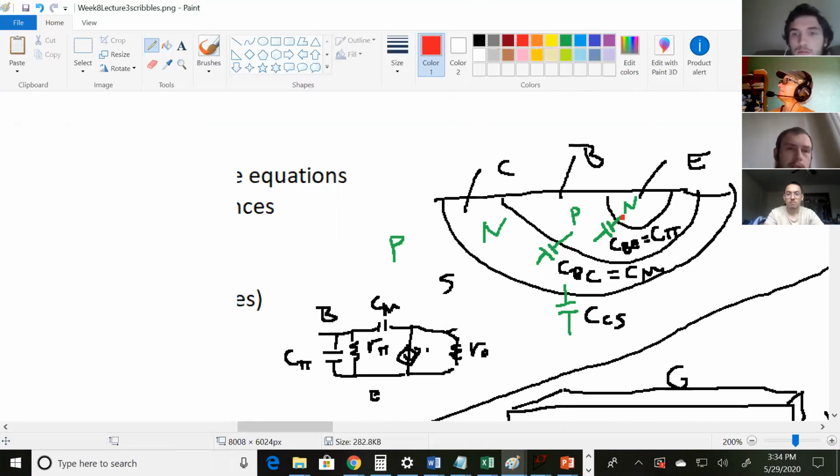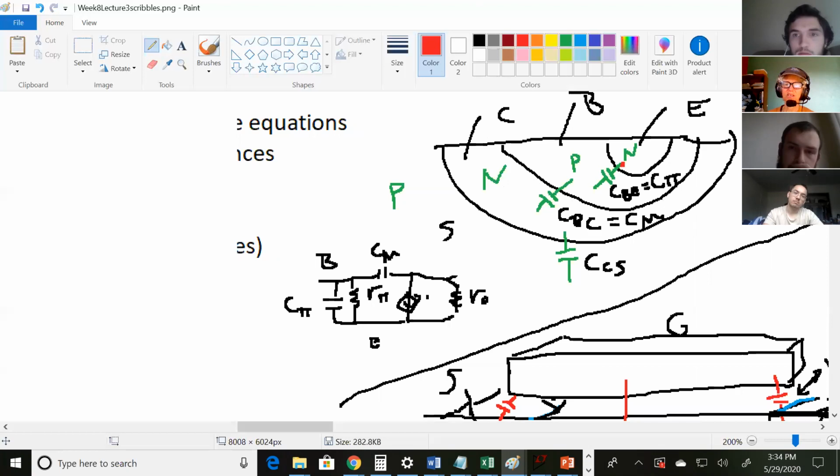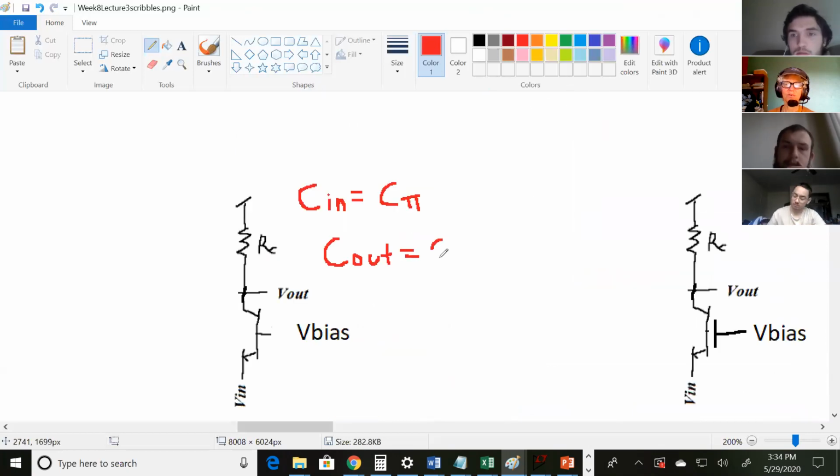What's your C out? Is it C mu plus CCS? Yes, so if you're on the collector, you only worry about the capacitances that are directly connected to the collector, and that's C mu and CCS. So C mu plus CCS, and we're done.